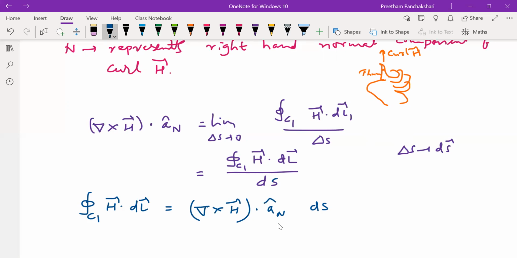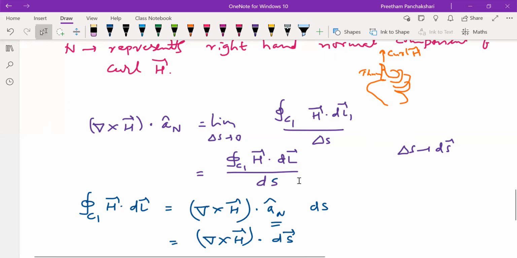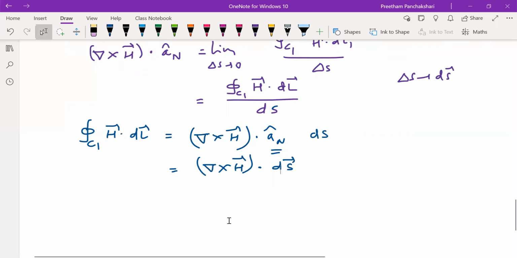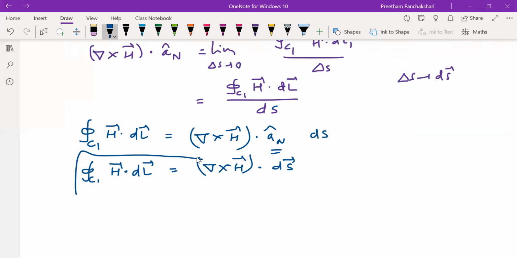Now, a cap n being the unit vector perpendicular to dS can give us a simple representation, dS vector. Every surface vector has direction oriented perpendicular to its plane, that is a cap n. So that can be combined with each other. So this is the simple form of Stokes' theorem applicable to a very small closed path C1.